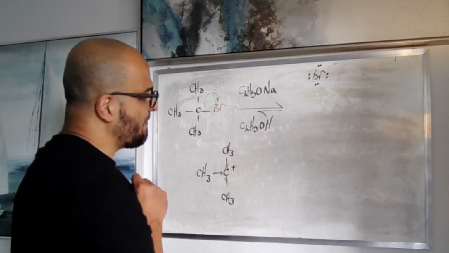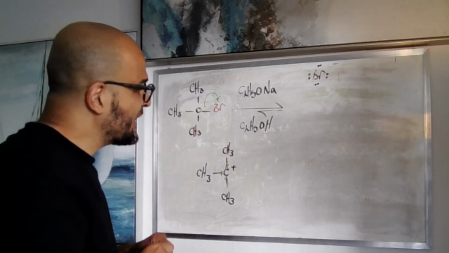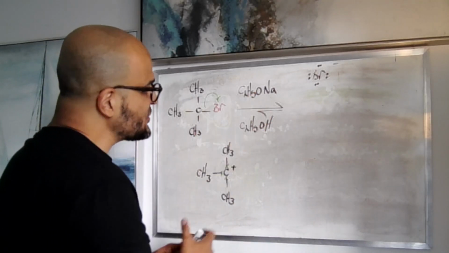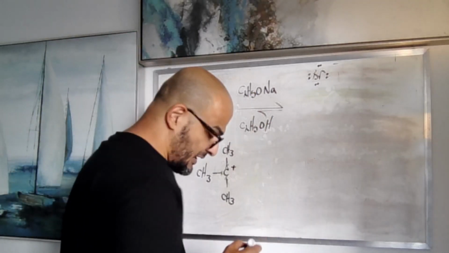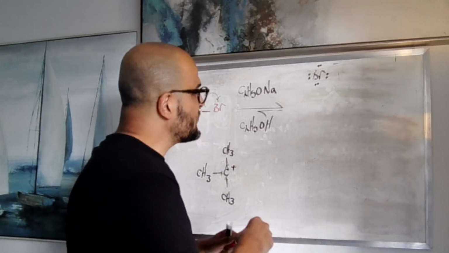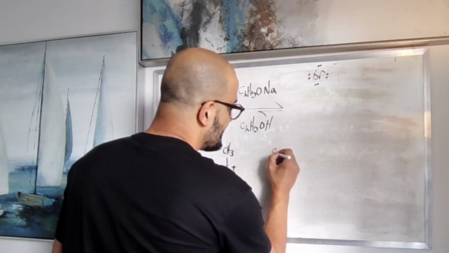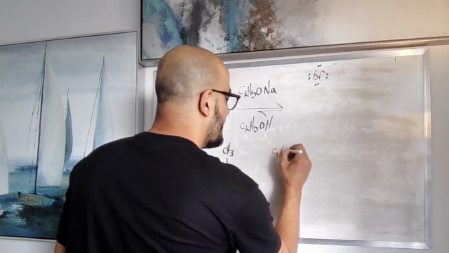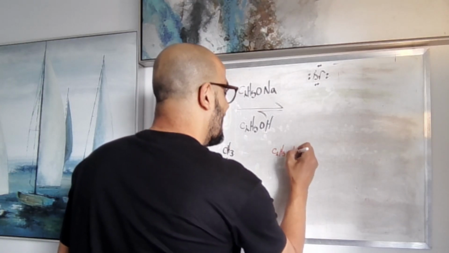Now, within this solvent, you're going to expect that this structure turns into 2 forms. You're going to have C2H5O and Na.